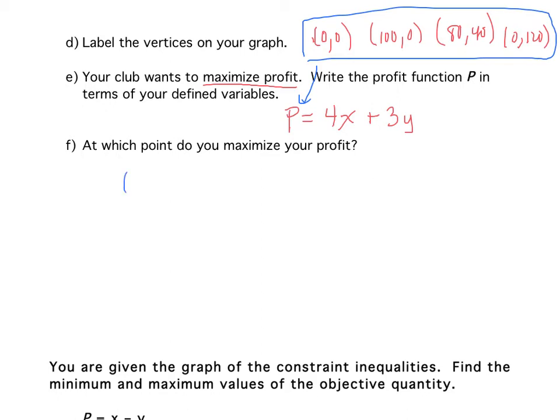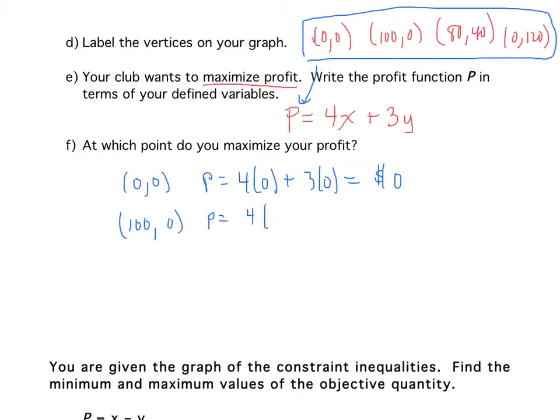So if I start with the simplest one, (0, 0), well, P would equal 4 times 0 plus 3 times 0, and naturally if you don't sell any baseball caps or t-shirts, your profit is going to be $0. Now we could do all t-shirts and no caps, and if we did that, 4 times 100 plus 3 times no caps would equal $400.